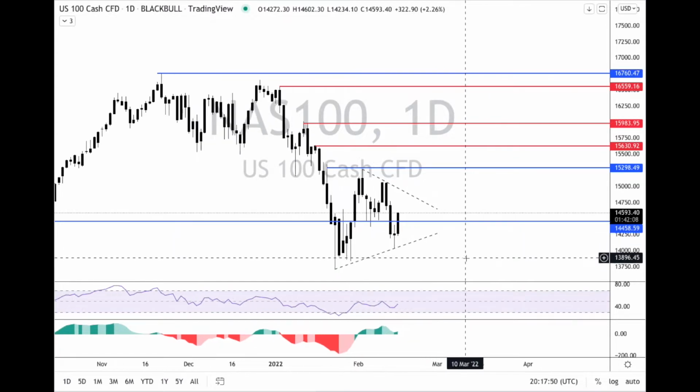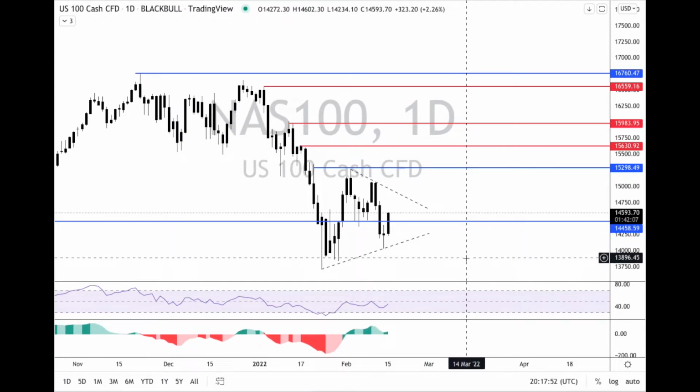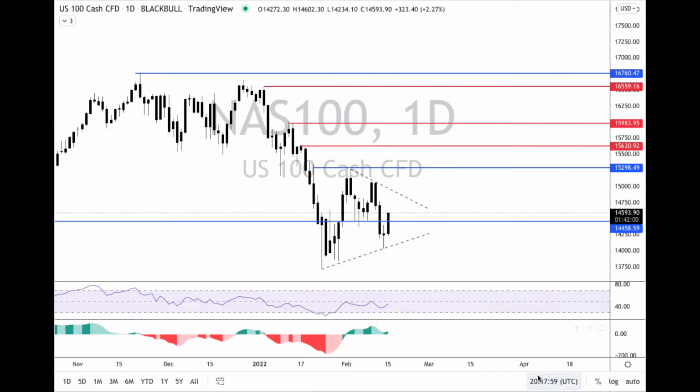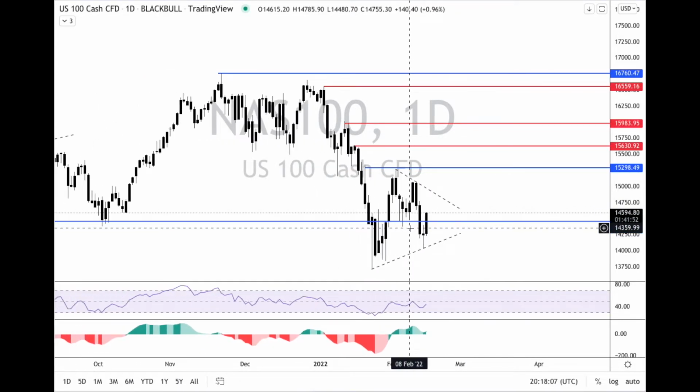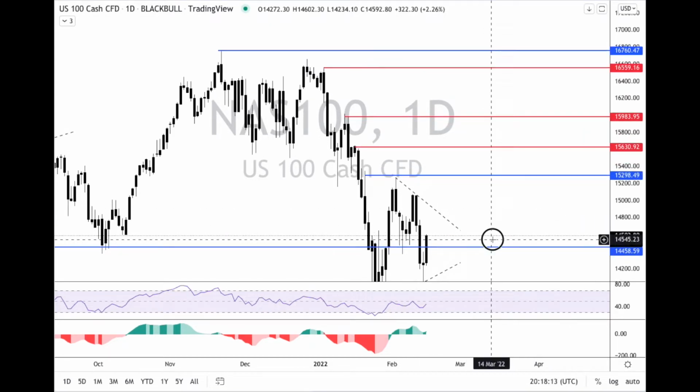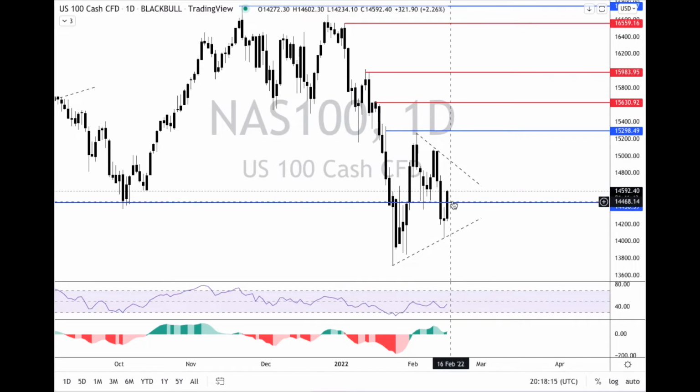Right, at the moment, as it is right now, it's the 15th of Feb, and obviously you can tell the time over here. Time zone, obviously we're in London. It is 8:18, so the market's still open, and we can try to see how we're going to do this. I'm trying to think, what are the chances of a pullback only to push back up again?